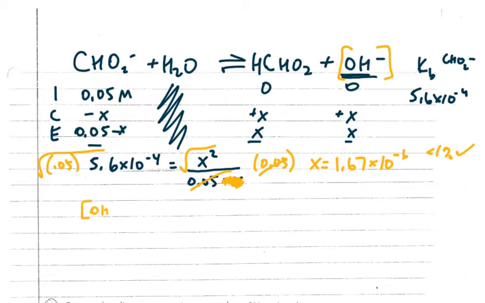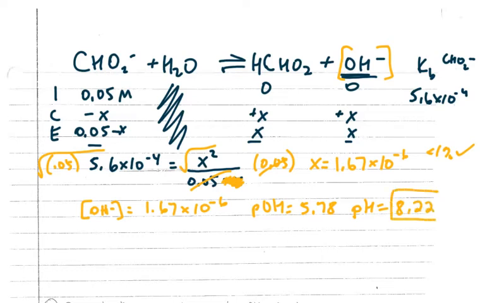So we just figured out that the concentration of hydroxide is 1.67 times 10 to the negative 6. So the pOH is the negative log of that, and the negative log of 1.67 times 10 to the negative 6 is 5.78. So the pH will be 14 minus 5.78, which is 8.22.